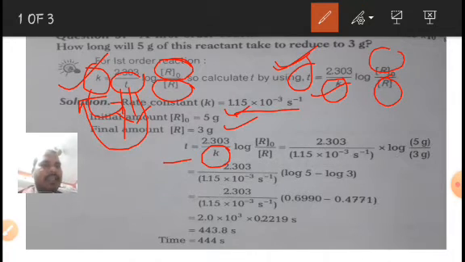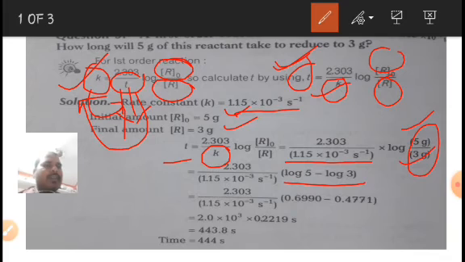Here 2.303 by K value is 1.15 into 10 to the power minus 3 second inverse, into log 5 grams by 3 grams. This is like log of A by B, and log of A by B is equal to log A minus log B. So we can write log of 5 by 3 as log 5 minus log 3.